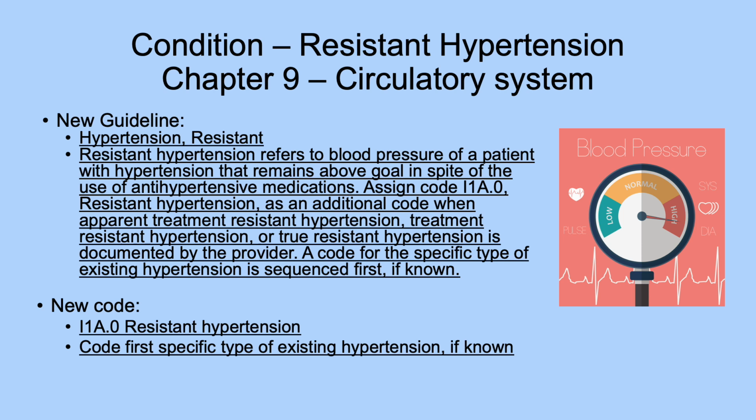So there's a new code, I1A.0, resistant hypertension, and this is used as an additional code. First you code the hypertension, and then you code the type of hypertension, and then you code that it is resistant. In the tabular list, you have I1A.0, resistant hypertension, and there's a note there that also reminds you to code a specific type of hypertension if known.